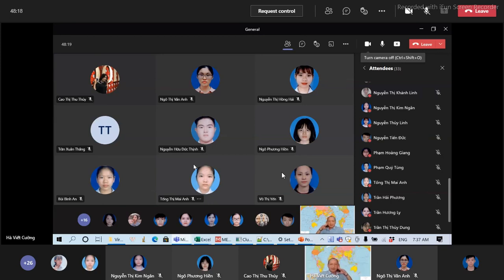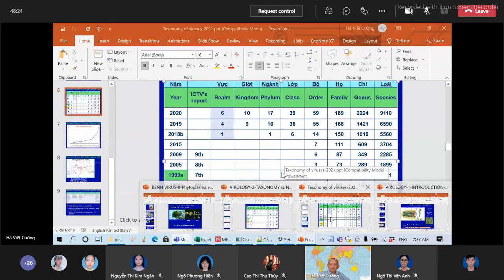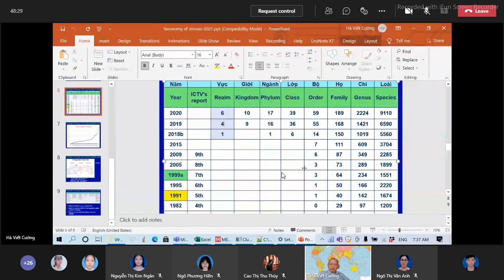So easy. Now we have the framework for classification. Now we move on to the realm. Everyone knows about the realm, surprisingly. What is a realm? Probably we will come back to the realm concept later on.